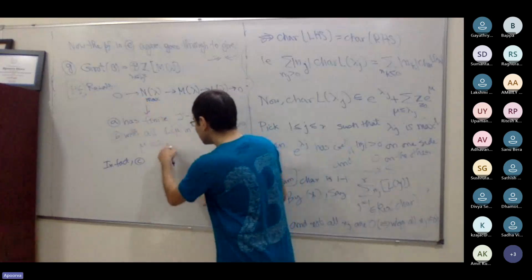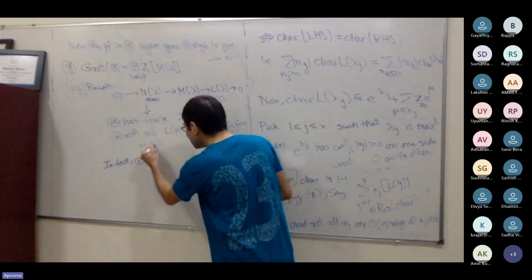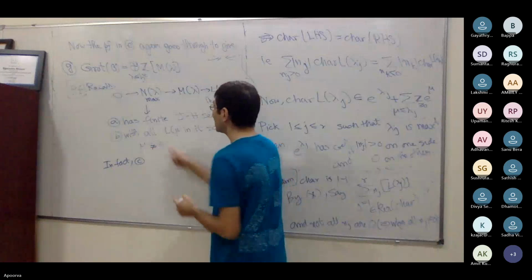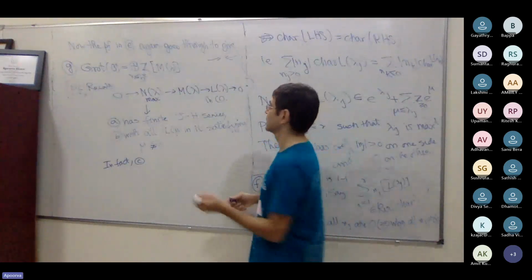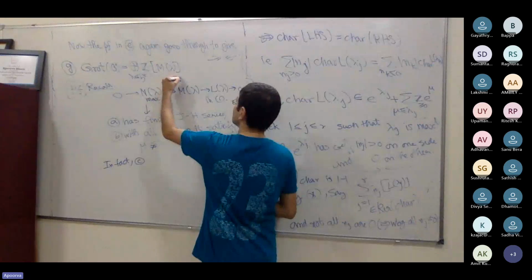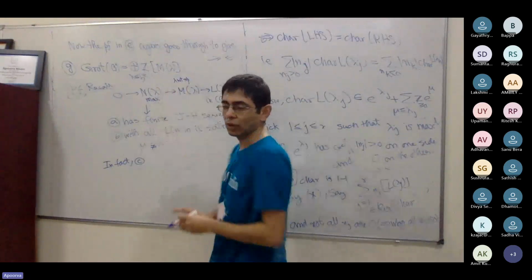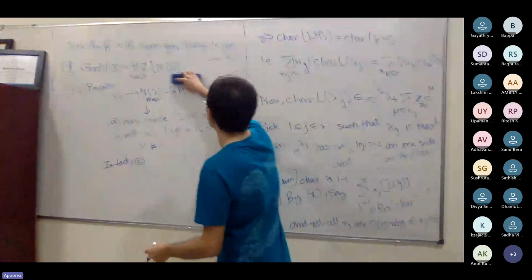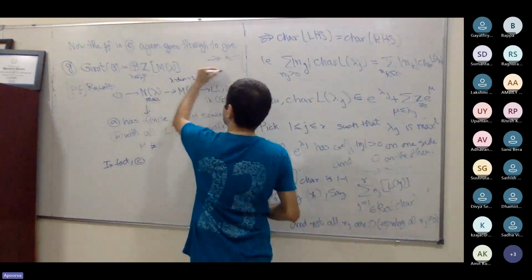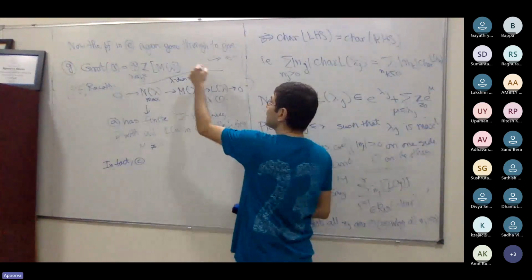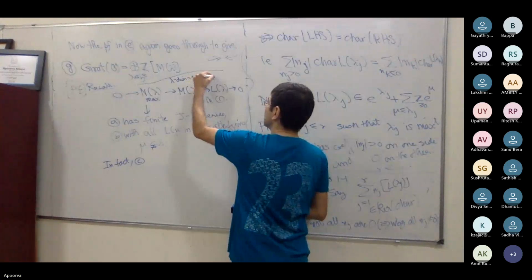Sorry, one more: mu less than or equal to lambda, but not equal to lambda. Why is this true? Because just look at the characters. Look at the lambda weight space. The lambda dimension is 1 here. It is a unique highest weight vector. The lambda dimension is 1 here also.